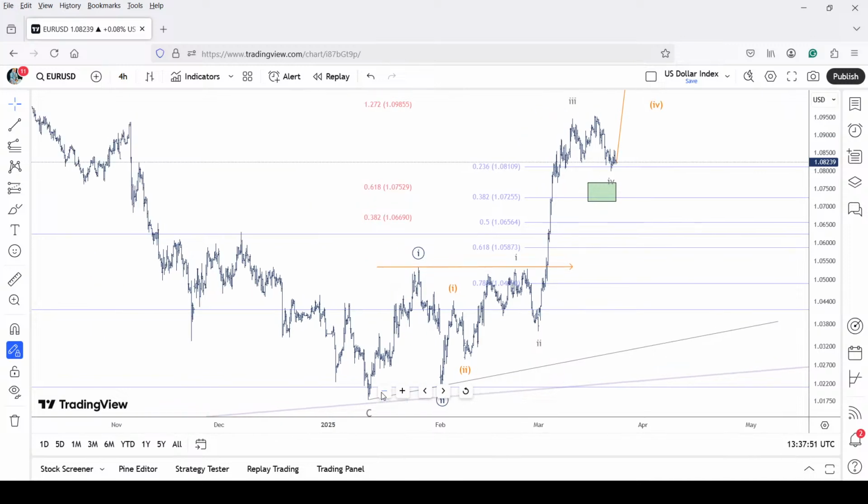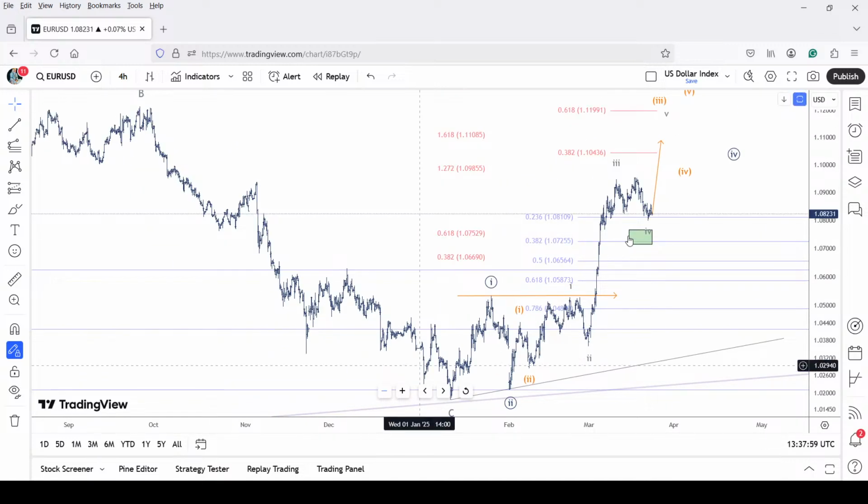And for those who are still sitting on the sidelines and would like to initiate long positions, I think this is a good area to hit the buy button with a potential stop loss around 1.05, and potential target not only 1.0950, but possibly targeting 1.1040 and 1.1199 as well.